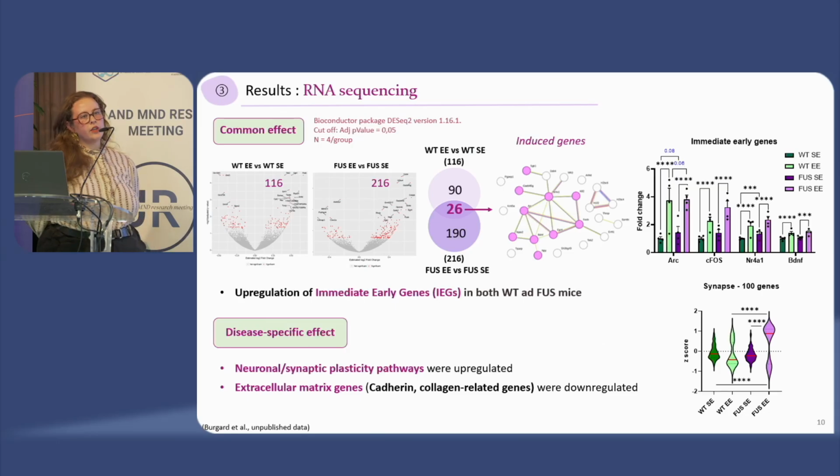So normally we use the mice at an early stage of the pathology, and as it's a progressive mouse model, we don't really have loss of neurons.